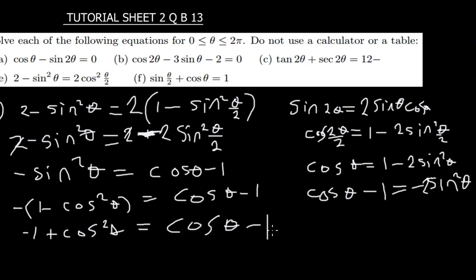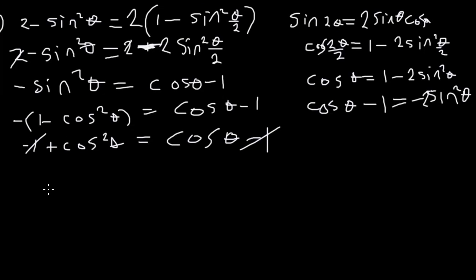So when this negative 1 goes that side, it will cancel with that. So what we are going to remain with is just nothing but cos squared theta. Then when this cos comes this side, it will be minus cos theta, like that. Which is equal to 0.